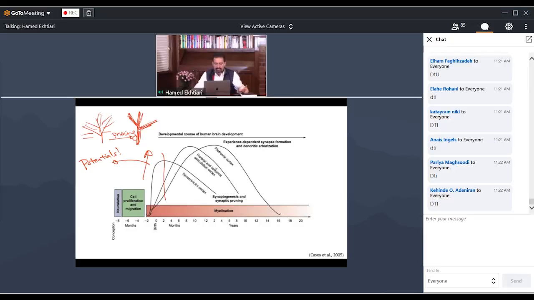The other important part in this process is that this developmental milestone, whether we go up and down, is completely different for different parts of the brain.